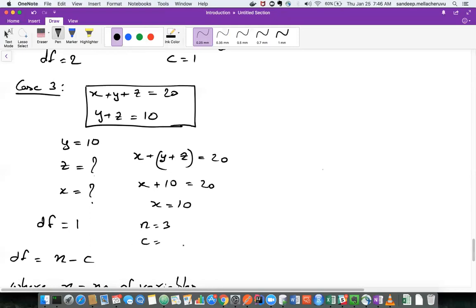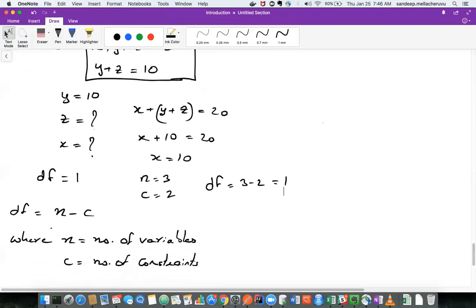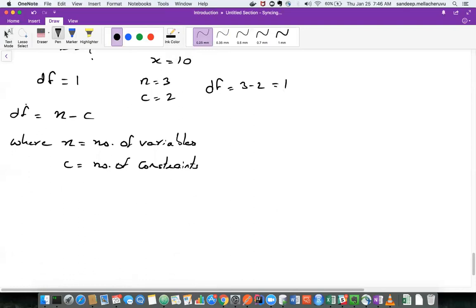And c? 2 equations. What is degrees of freedom again? 3 minus 2, which is 1. Same as here. So you can just use this simple formula instead of trying to substitute values and seeing how many variables are free to change. Okay.